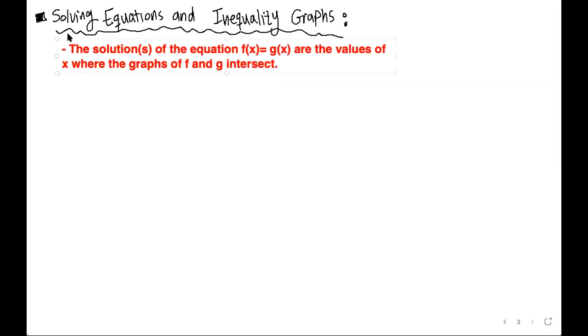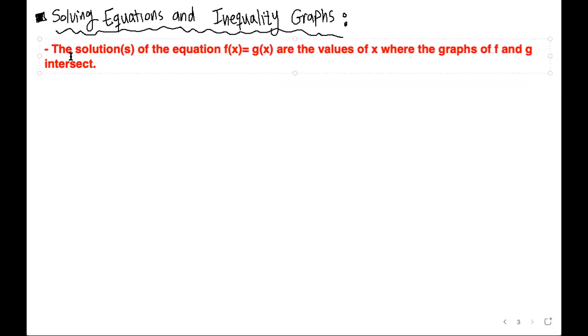What does the definition say? It says that the solutions of the equation f of x equals g of x are the values of x where the graphs of f and g intersect. I will show you how we can find the solution between two graph functions. The second definition is for how we can solve the inequality.